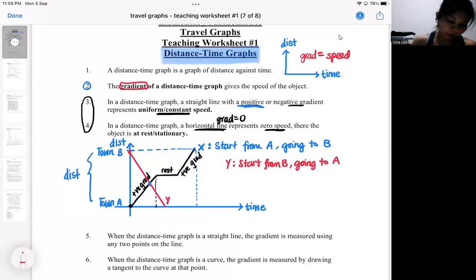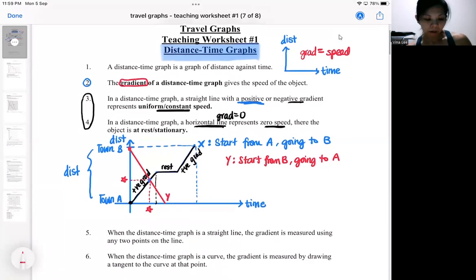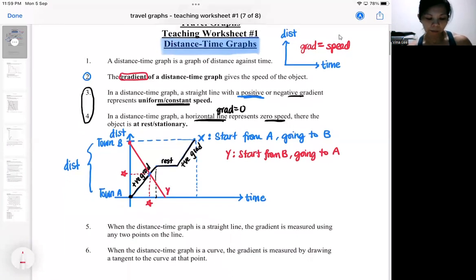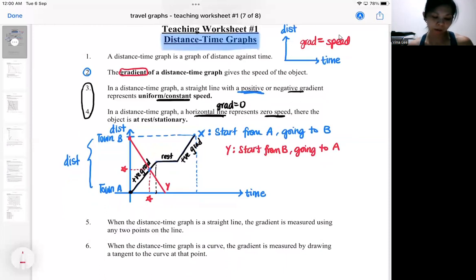The intersection gives the time that they meet and the location where they meet. They may not meet halfway. They may meet a certain distance from town A and a certain distance from town B. Once you understand a little more about this, how do we calculate gradient?